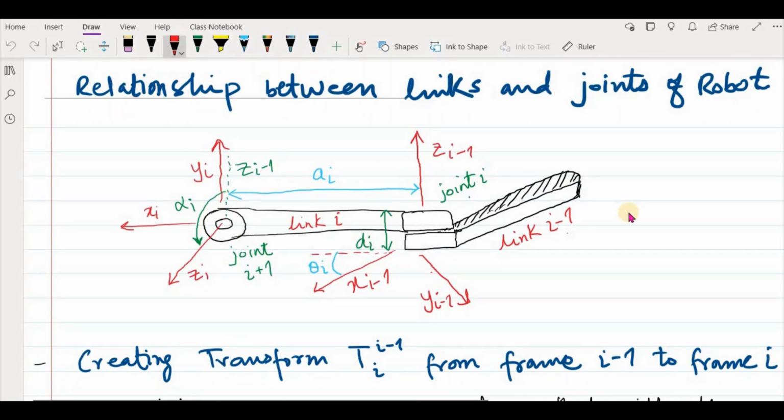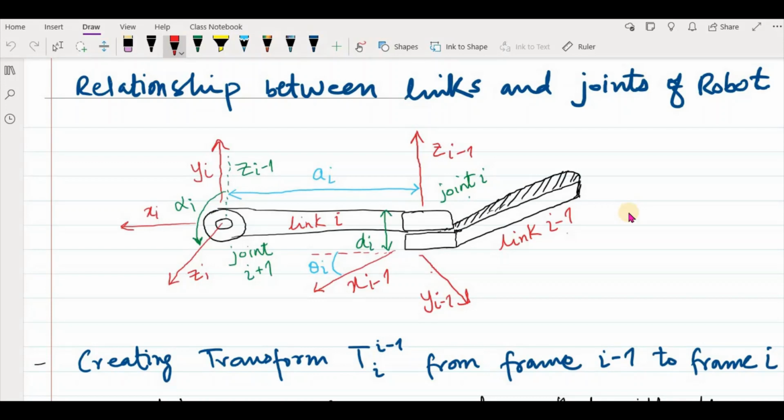So imagine we have a two-link robot. This is the previous link, and then this link. This is a link called link i minus 1, and here we have a revolute joint, and it rotates like this. It rotates along this z minus 1 axis.